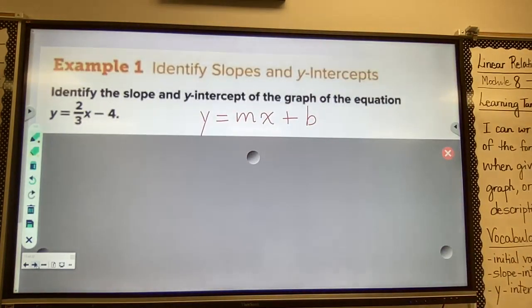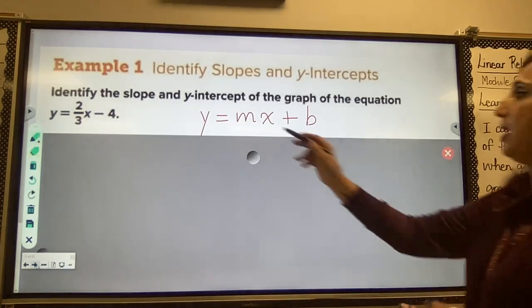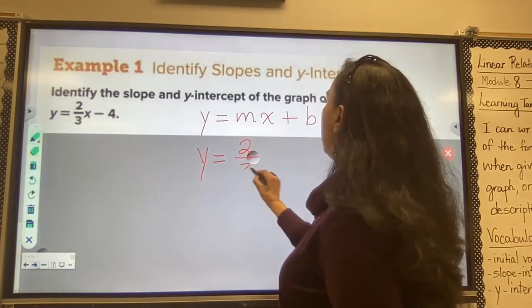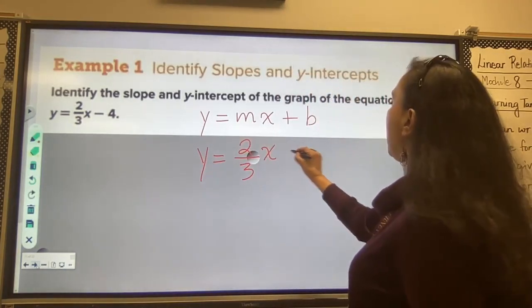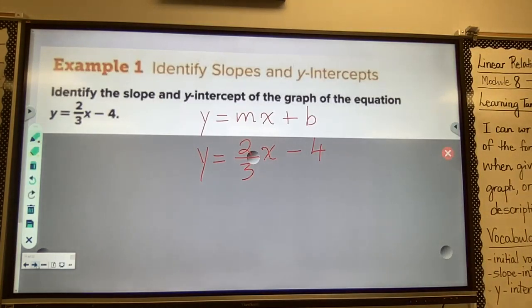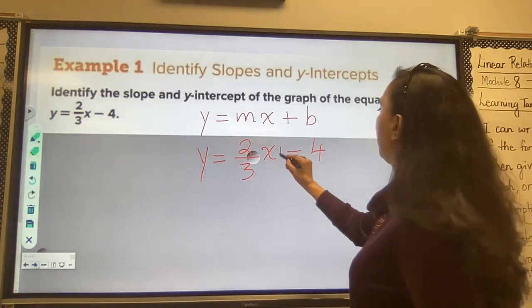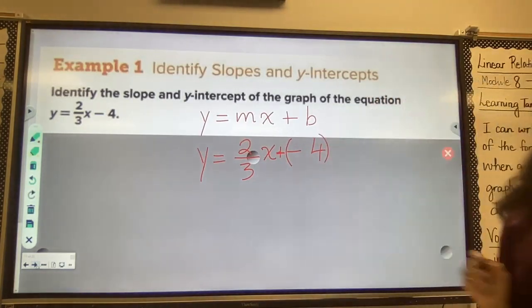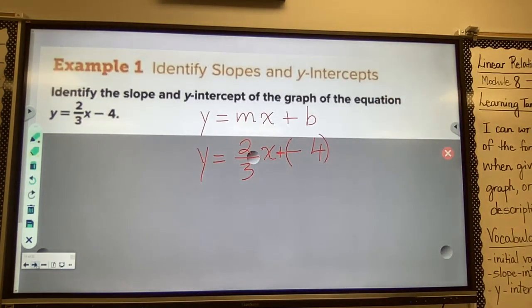So next, we are going to take this equation, which is y is equal to 2/3 x minus 4. So this is going to be like plus the minus 4. Let's put it this way, because b is negative 4. And that means it is a downward slope, right?